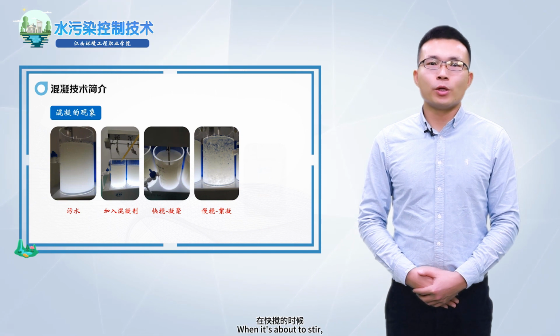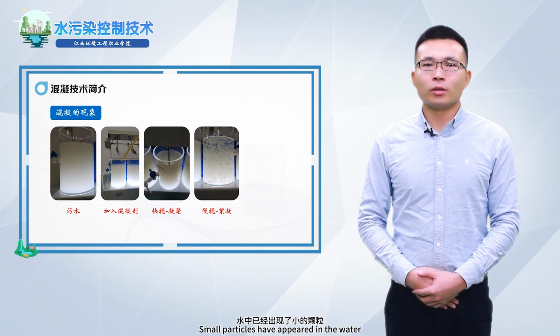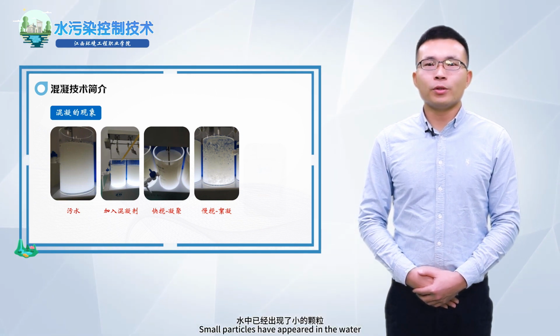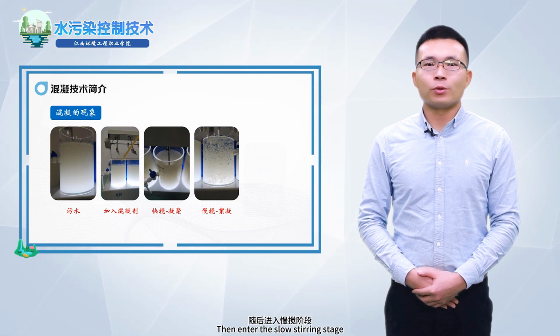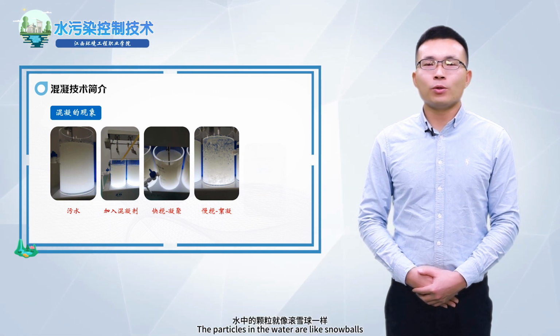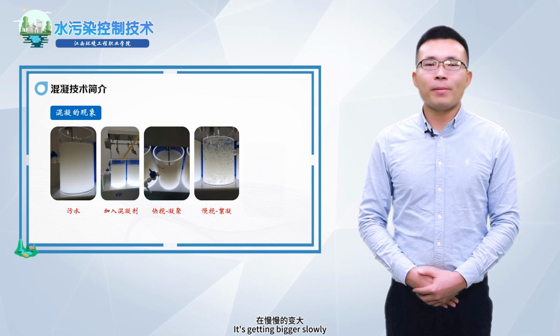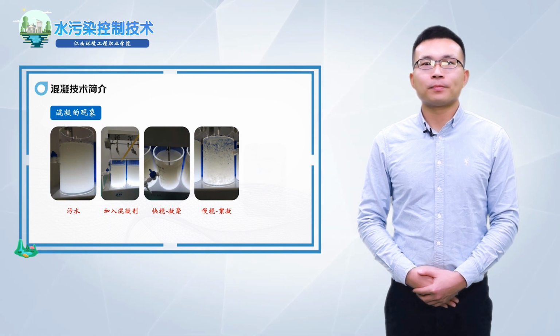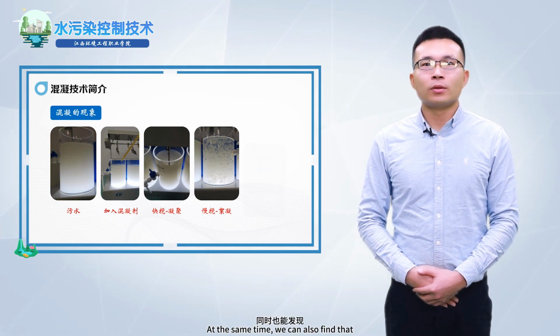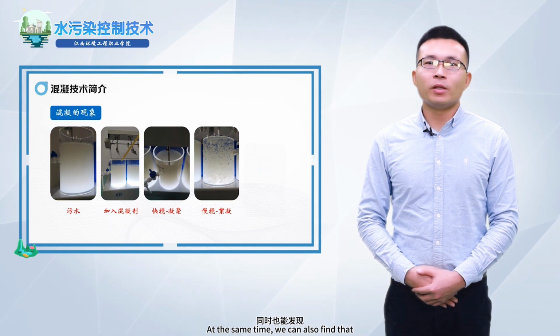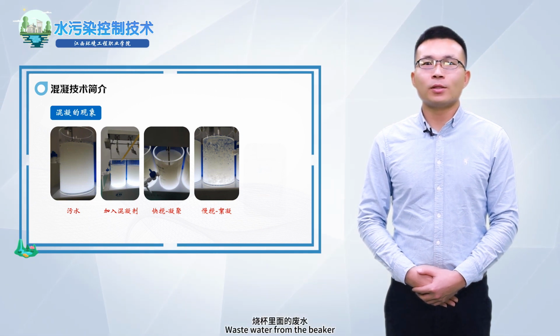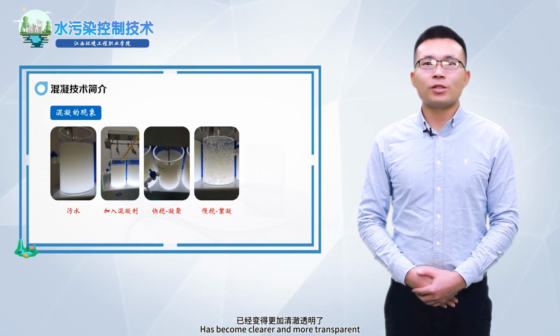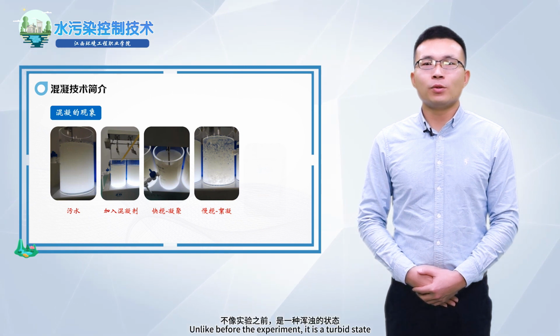The purpose of these 2 stirring stages is different. When the fast stirring is about to finish, we can find that small particles have appeared in the water. Then enter the slow stirring stage. The particles in the water are like snowballs, slowly getting bigger. At the same time, we can also find that the wastewater in the beaker has become clearer and more transparent, unlike before the experiment, when it was turbid.